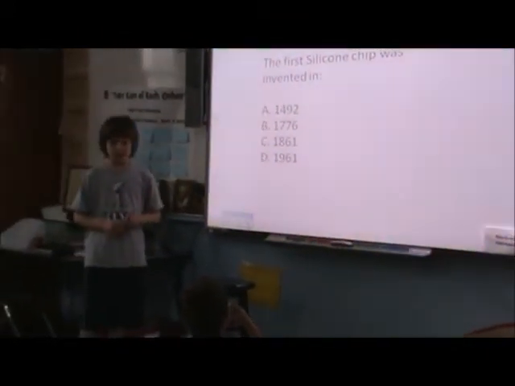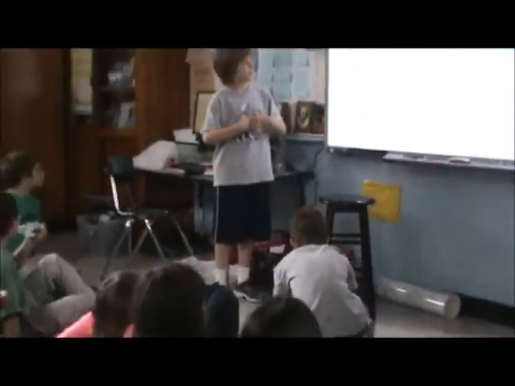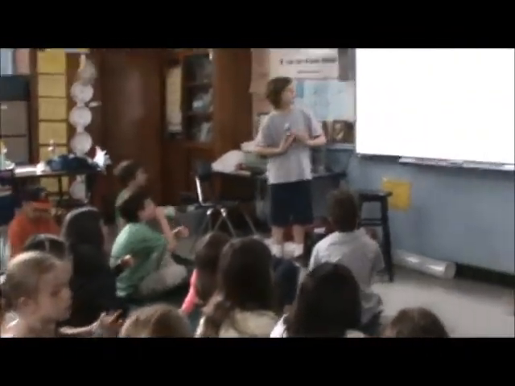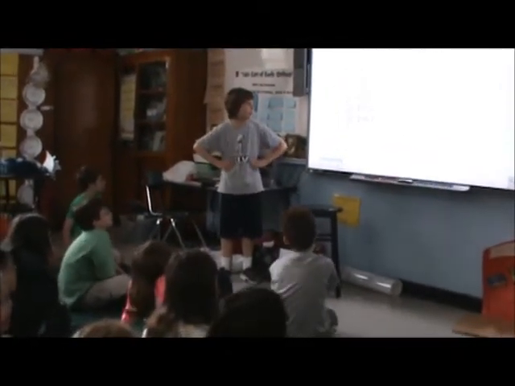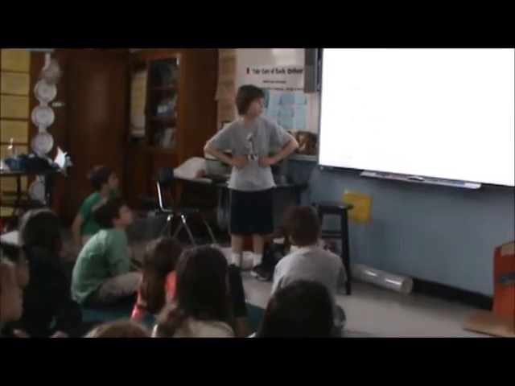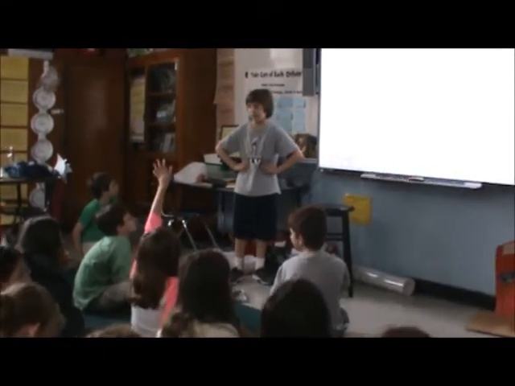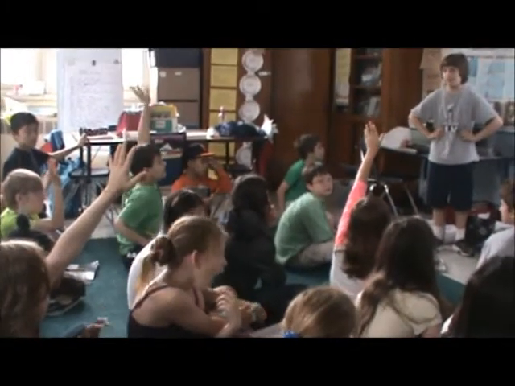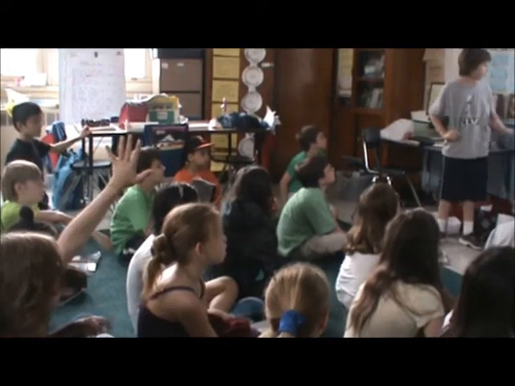So now I'm going to give you the quiz, and if you were taking notes, this should be really basic. The first silicon chip was invented in A, 1492, B, 1776, C, 1861, and D, 1961. Let's see.